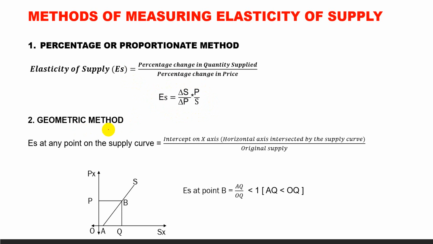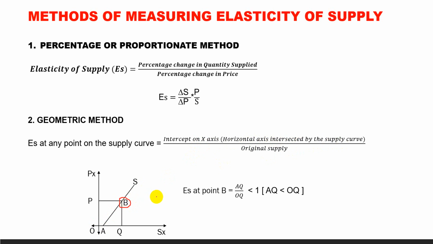Geometric method, also known as arc method or point method. Elasticity of supply at any point on the straight line supply curve is the intercept on x-axis or horizontal axis intersected by the supply curve divided by original supply. Let us take an example. AS is the supply curve. B is any point on it.